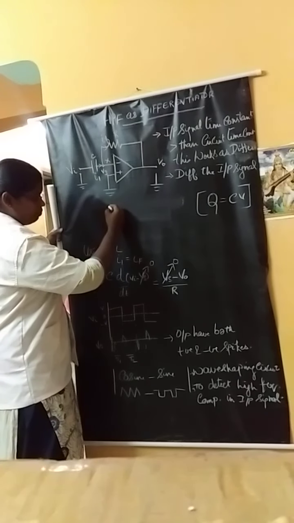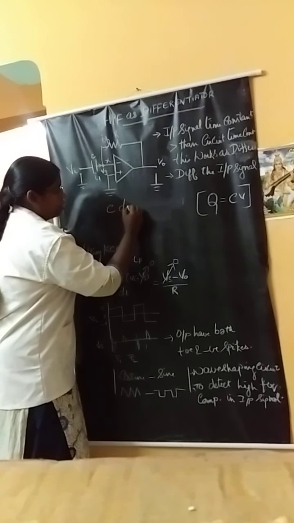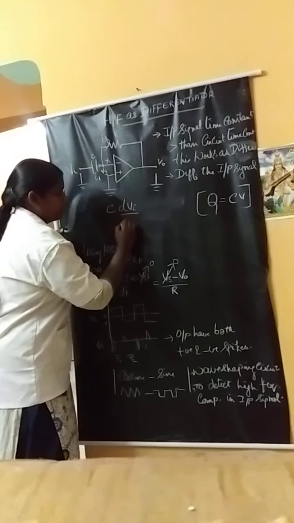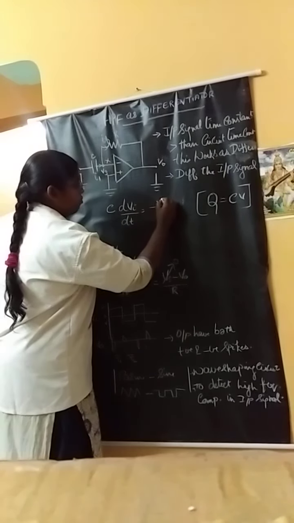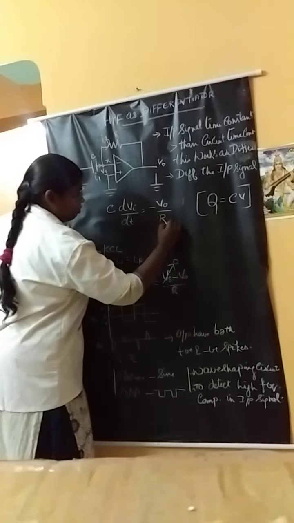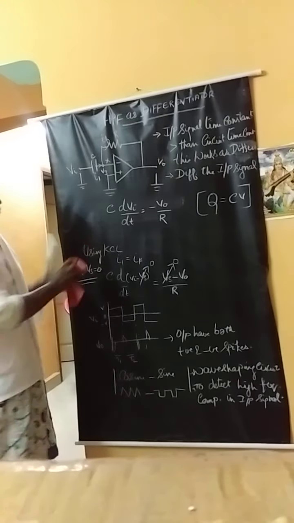Therefore the equation becomes C into dVi by dt equal to minus V0 by R.